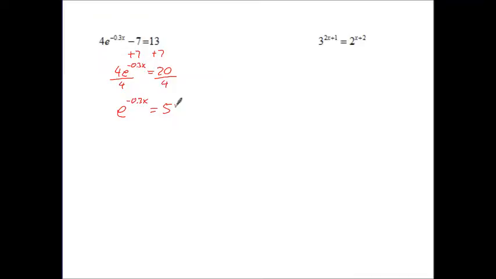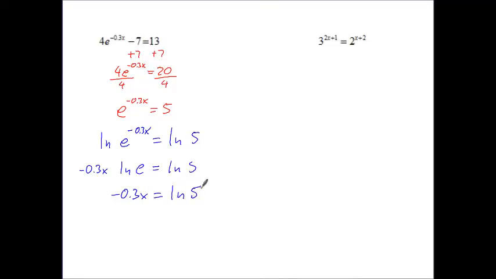And now we're going to take a logarithm again of both sides. And since we have our e right here as the base, I'm going to take the natural logarithm of e to the power of negative 0.3x and the natural logarithm of 5. Move my exponent into the front, and the natural logarithm of e is also 1, so negative 0.3x is equal to ln of 5.